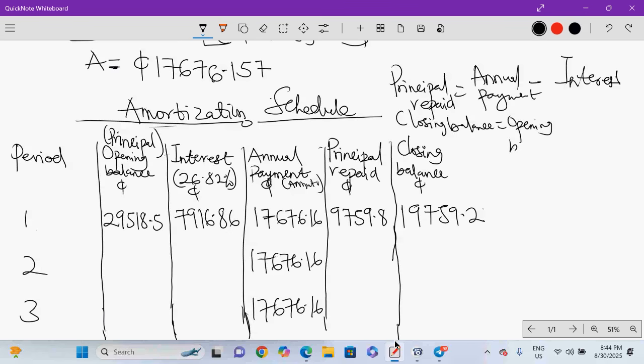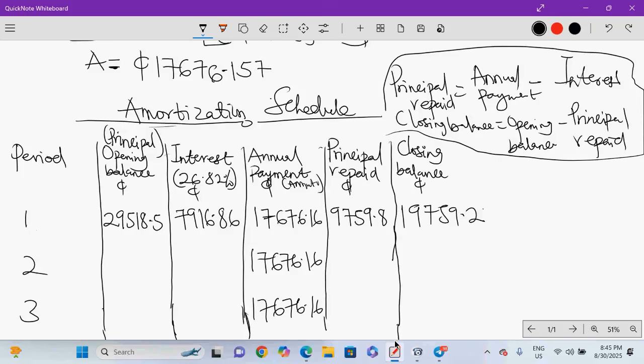The opening balance minus the principal repaid. Okay, so this closing will become the beginning, which is 19759.2. Then you compute the interest on it. What are you getting?